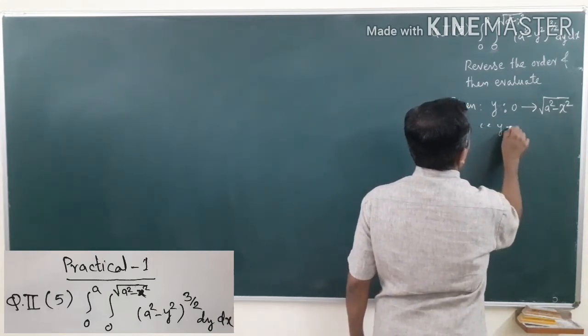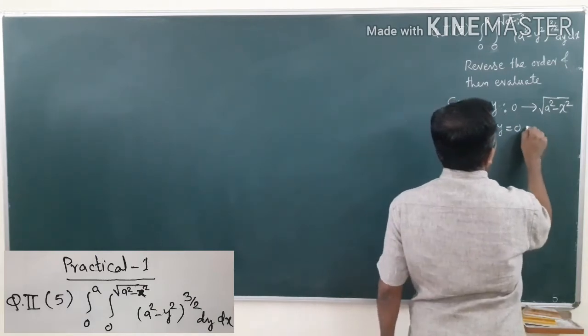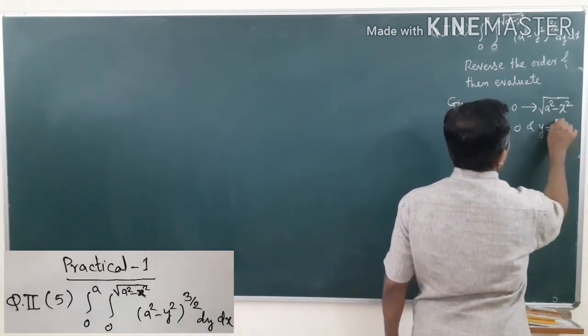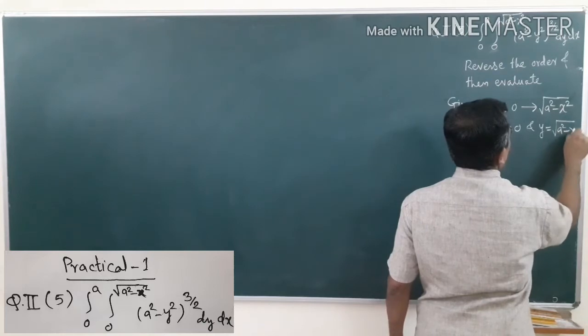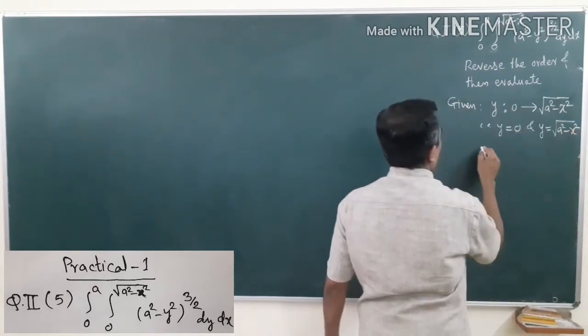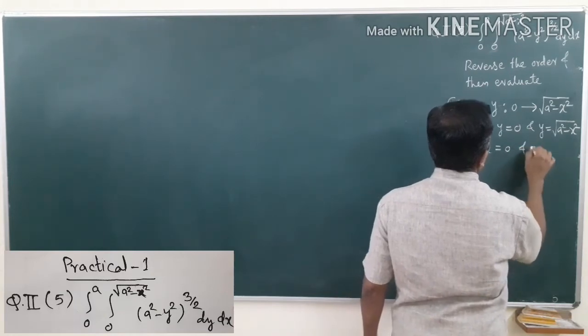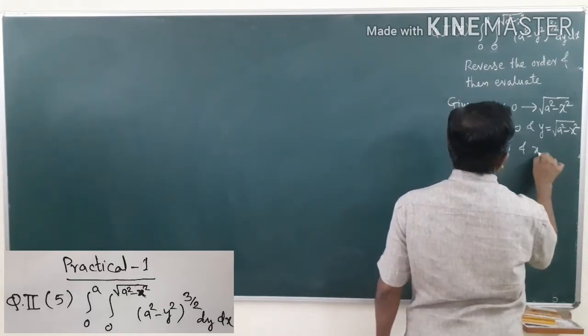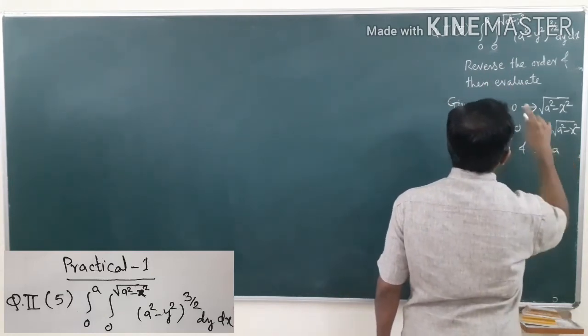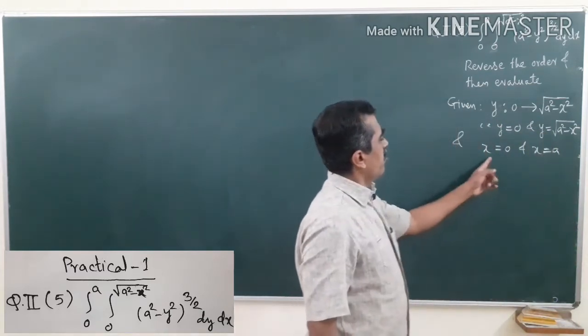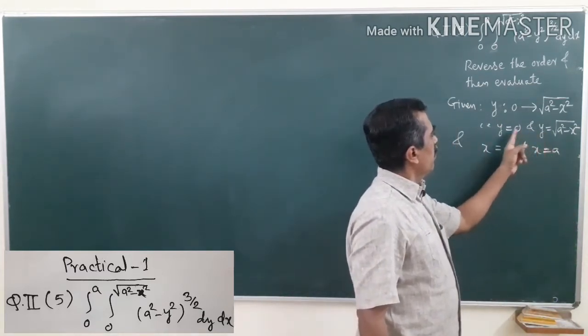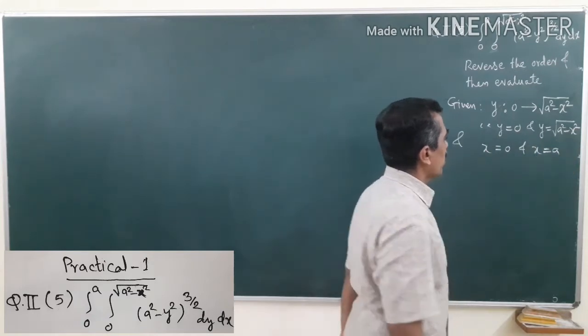That is, y is equal to 0 and y is equal to under root a square minus x square, and x is equal to 0 to x is equal to a. So x runs from 0 to a and y runs from 0 to under root a square minus x square.